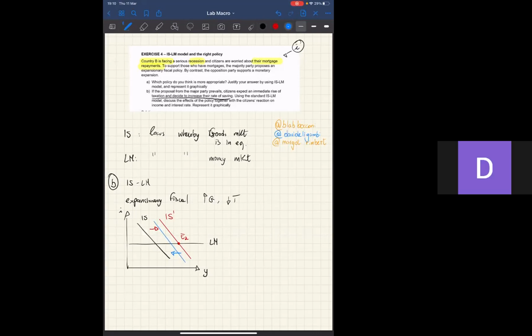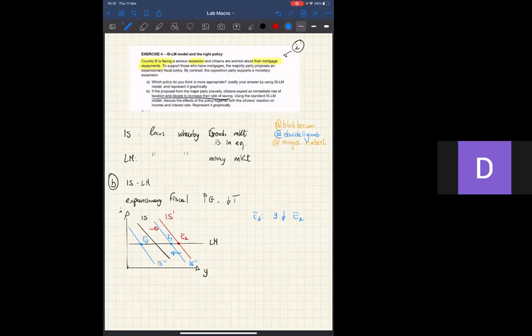So maybe something like this, to IS second, which is basically another point, E3, where Y has actually decreased compared to E2. And this is for sure. However, we're not really sure about the position of E3, because it could be here in the first position, or it could be here.